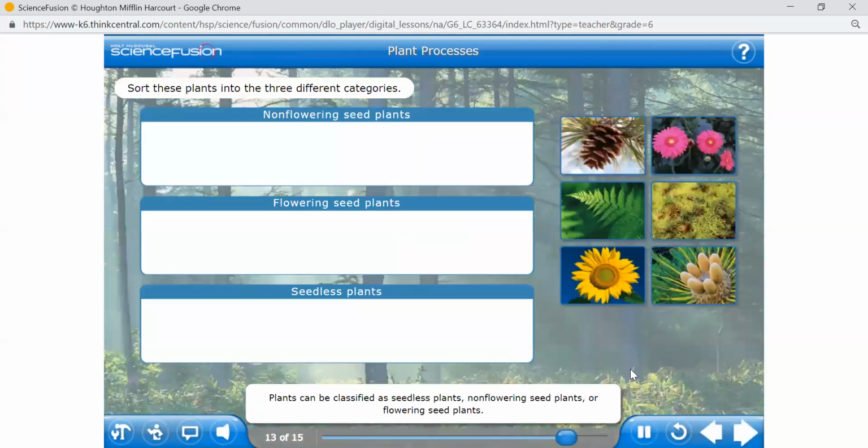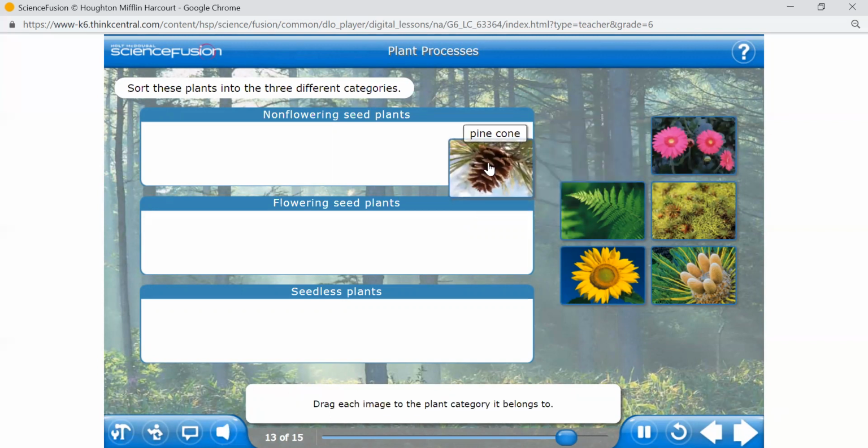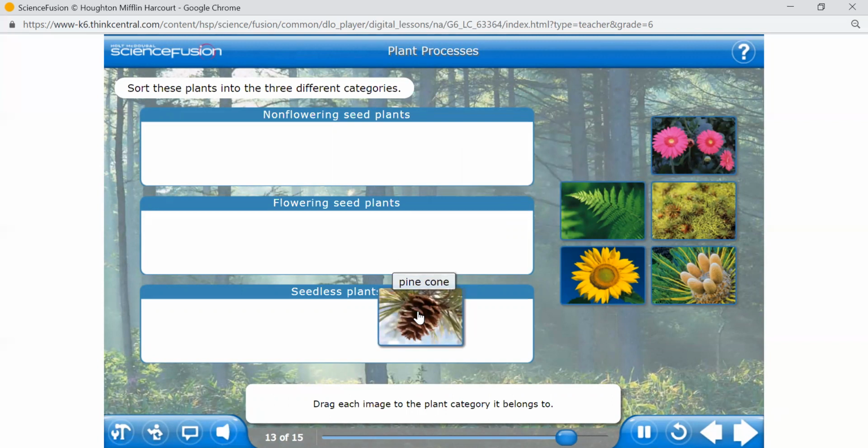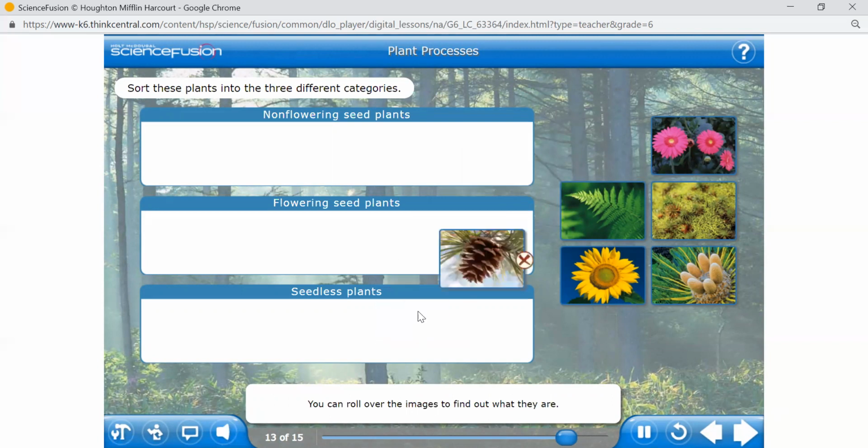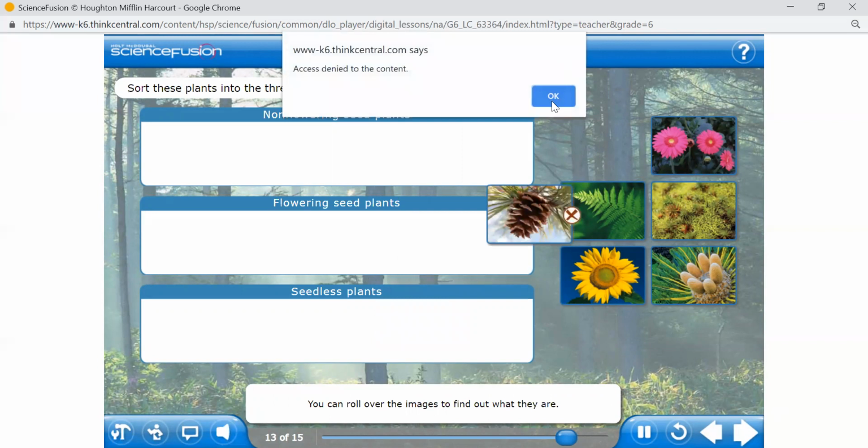Plants can be classified as seedless plants, non-flowering seed plants, or flowering seed plants. Look at the following plants. Drag each image to the plant category it belongs to. You can roll over the images to find out what they are.